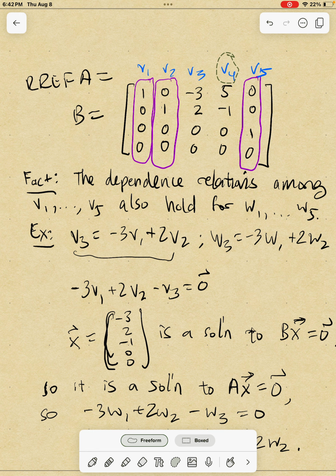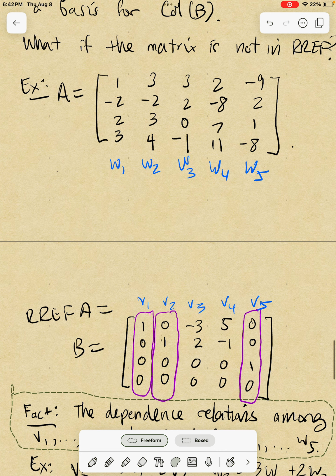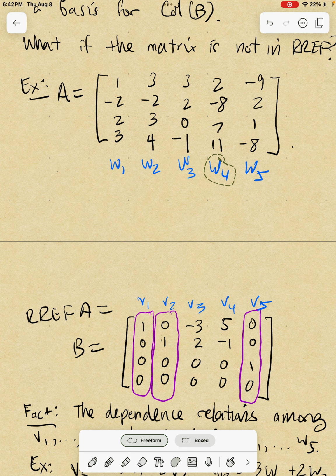By the fact that the dependence relations among V1 through V5 also hold for W1 through W5, in the same way, W3 is a linear combination of W1 and W2, and W4 is a linear combination of W1 and W2.